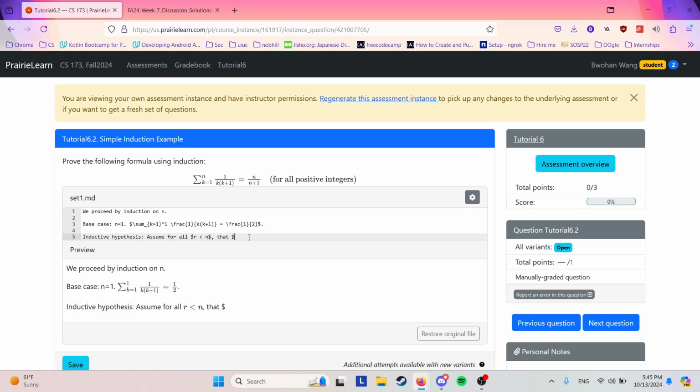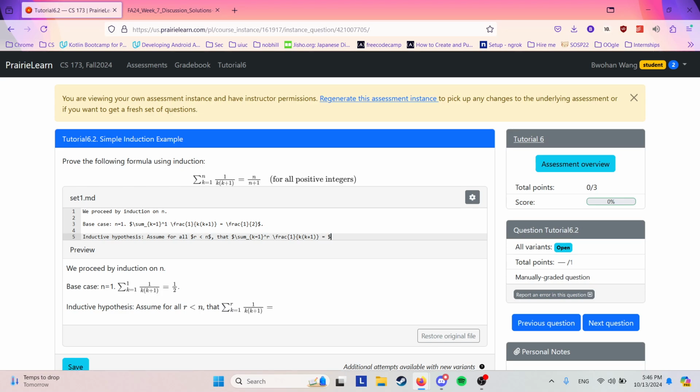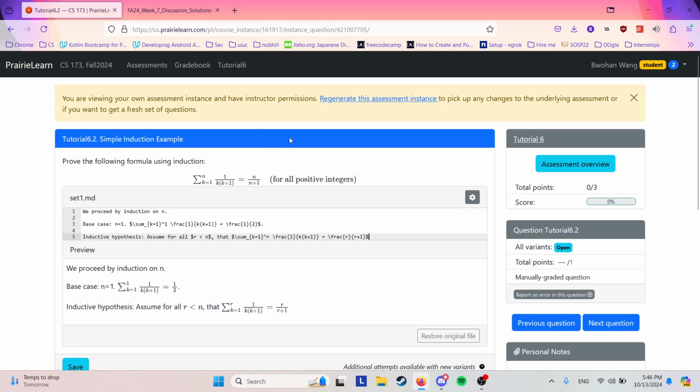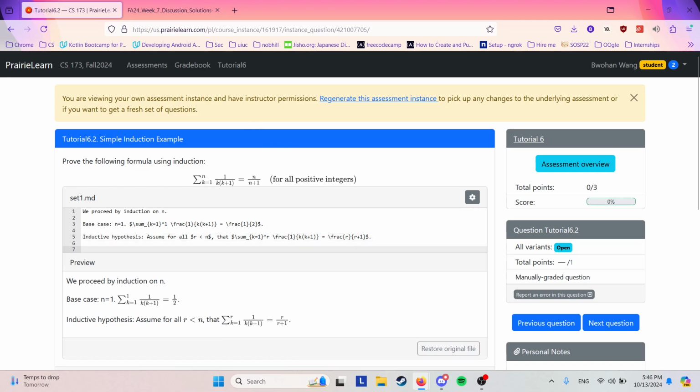So we're assuming that for all r less than n, our summation from k equals 1 to r of 1 over k times (k plus 1) is equal to r over r plus 1, from what we want to show.